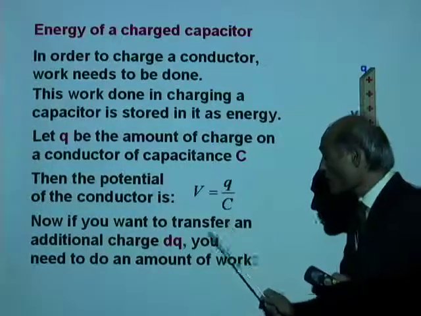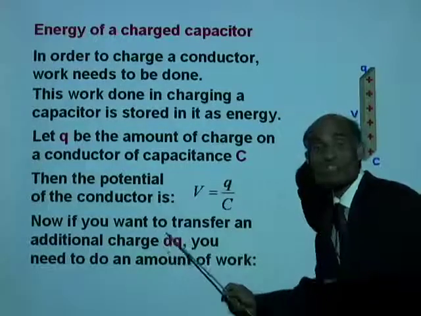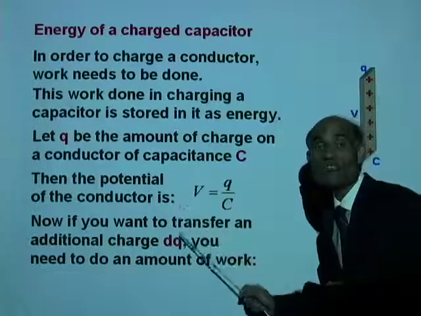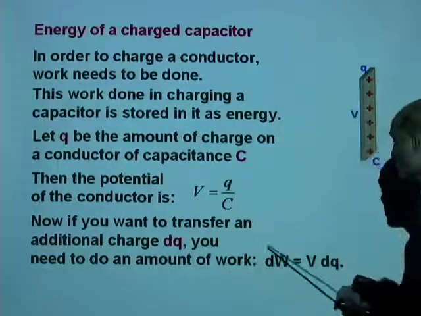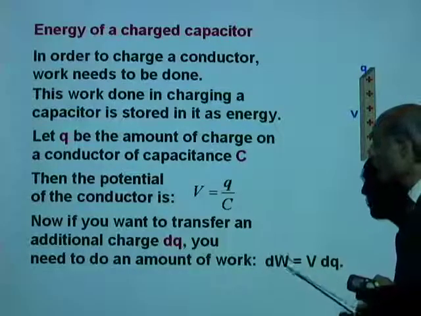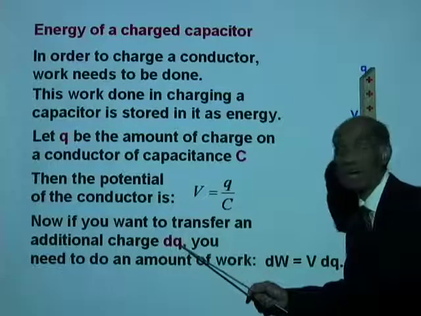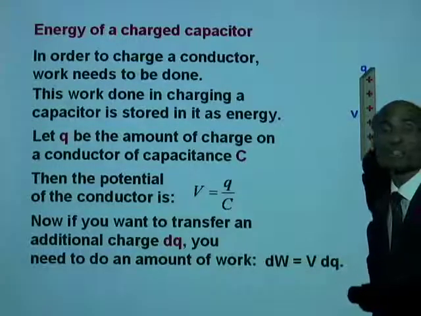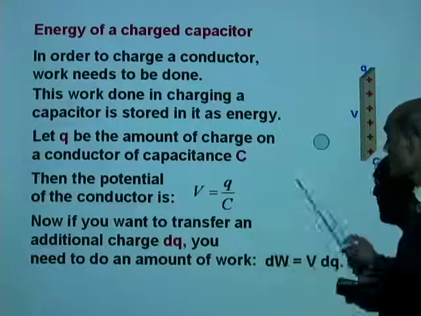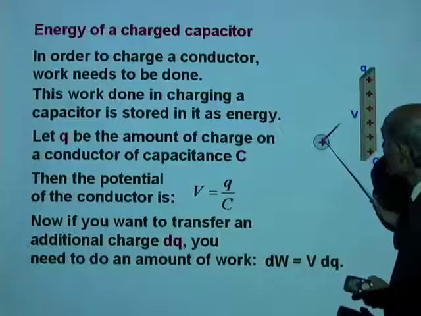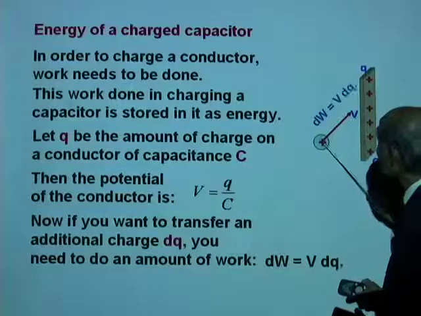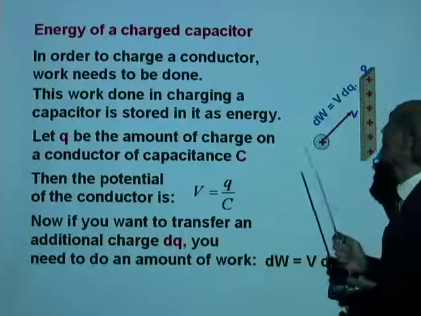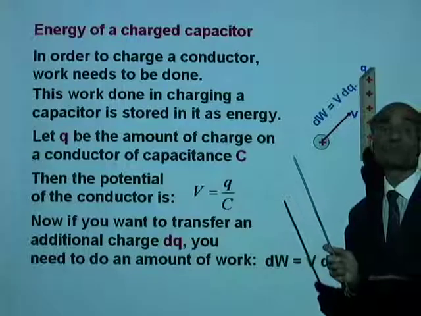If I want to move an amount of charge dQ, the amount of work done will be V times dQ. So, dW equal to V dQ.